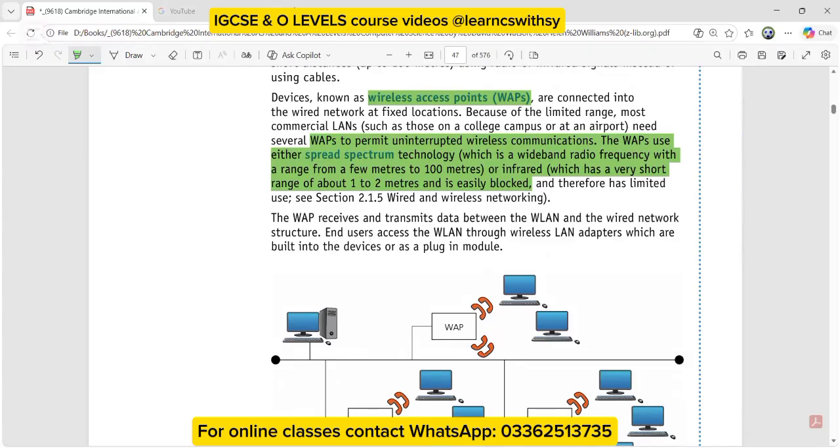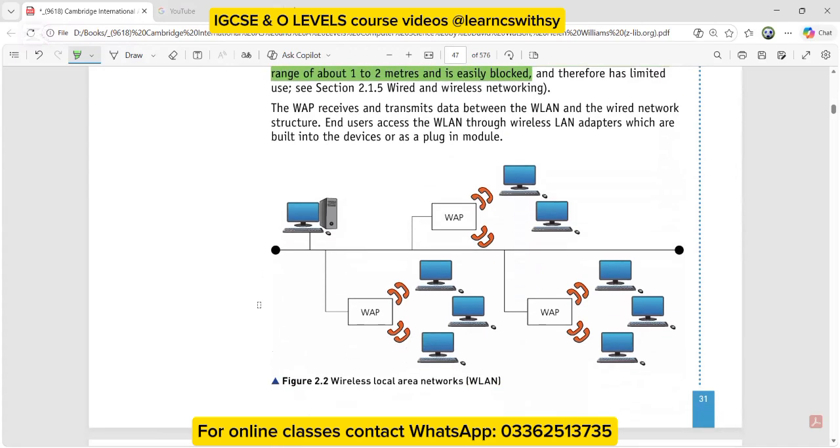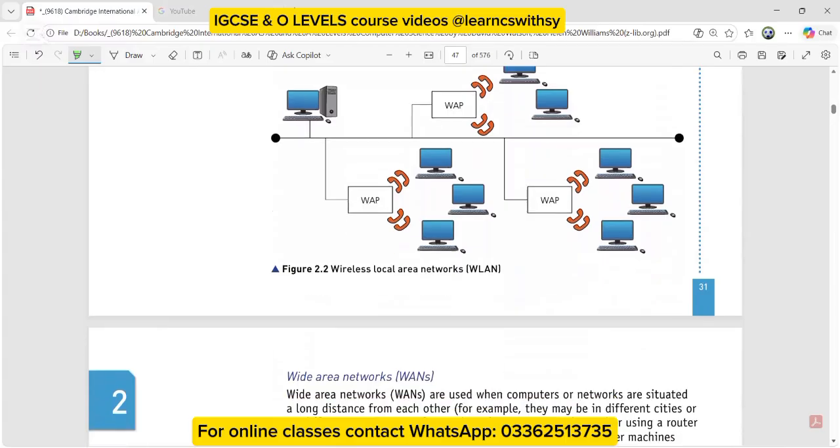You can see the position of WAPs in this network. This is your network that is composed of cable, and at different positions there are WAPs placed so that communication can take place uninterrupted, and help in accessing places which are not easily accessed for different reasons.